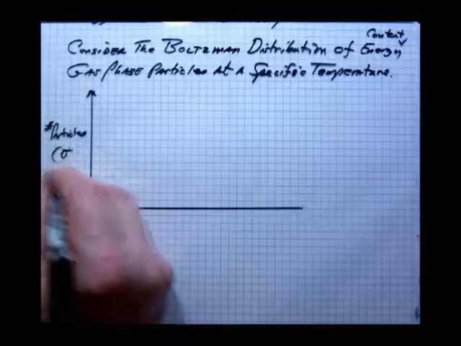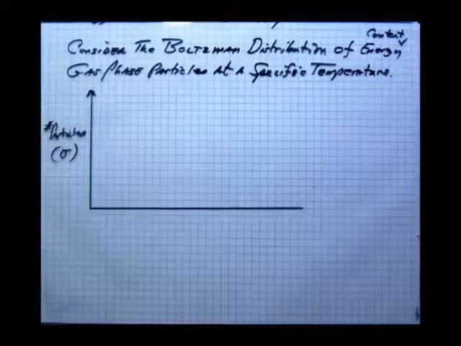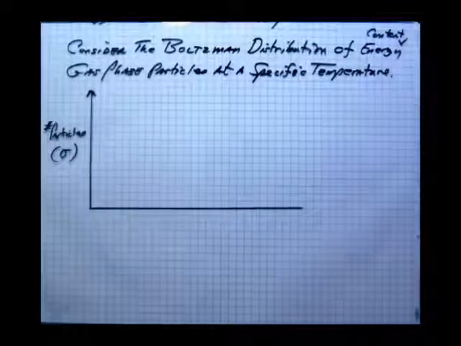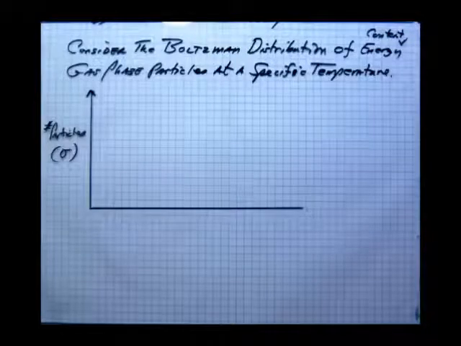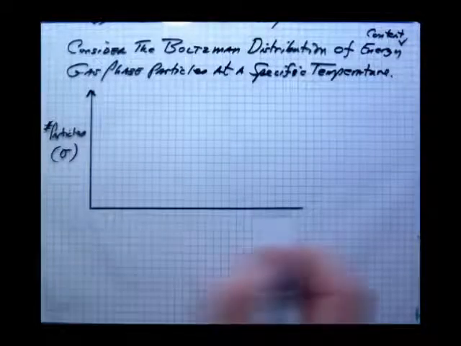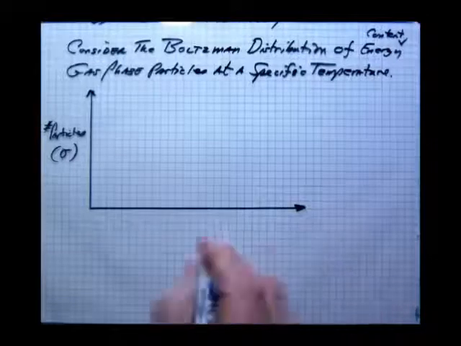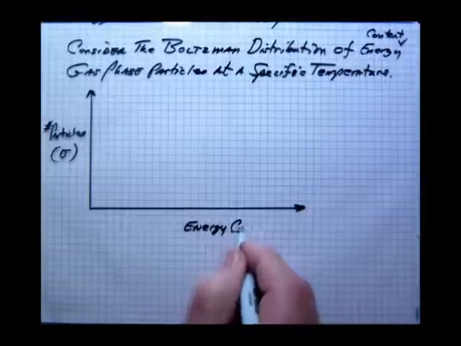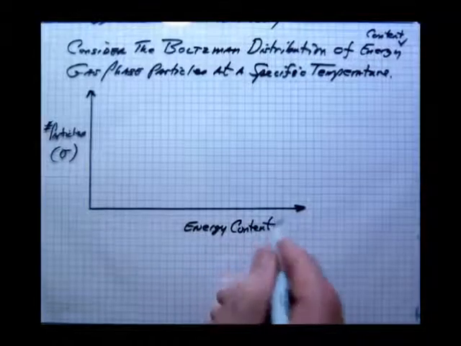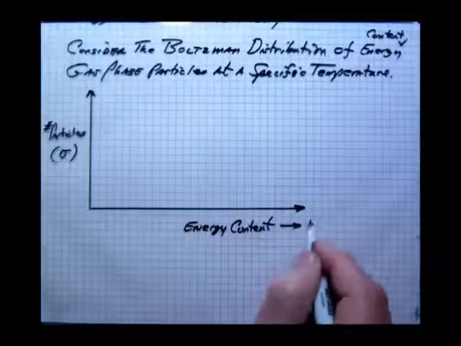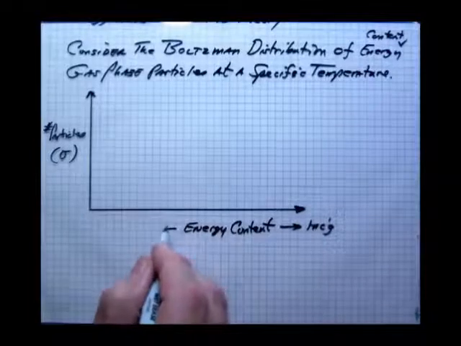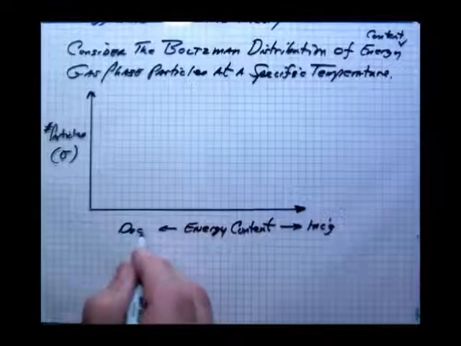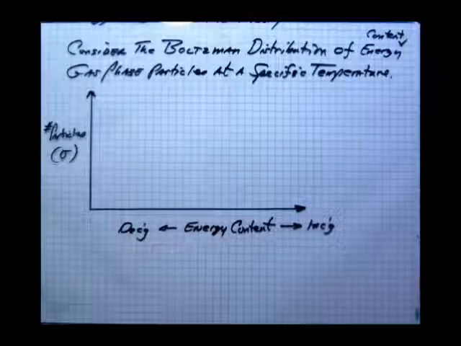It's usually represented by a sigma symbol. You can use any kind of thing you want, but it's the number of particles. And on the horizontal axis, energy content, increasing or decreasing, like that.